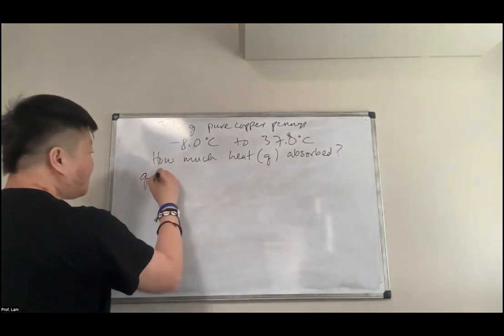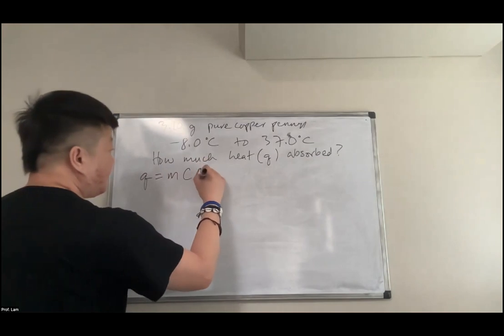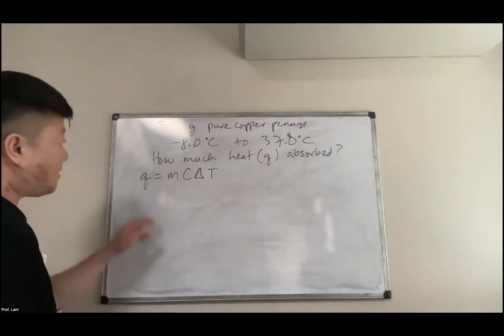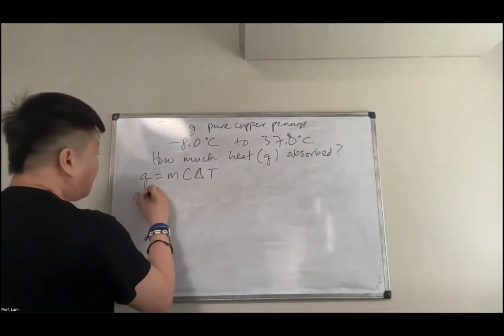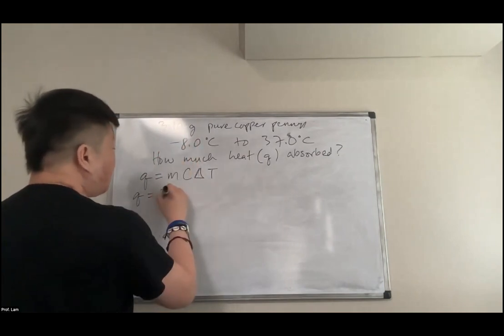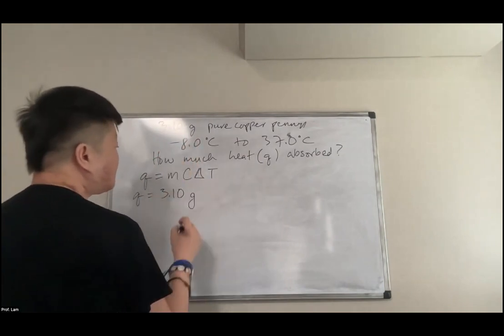We know the equation is Q is equal to MC delta T. So the mass is 3.10 grams.